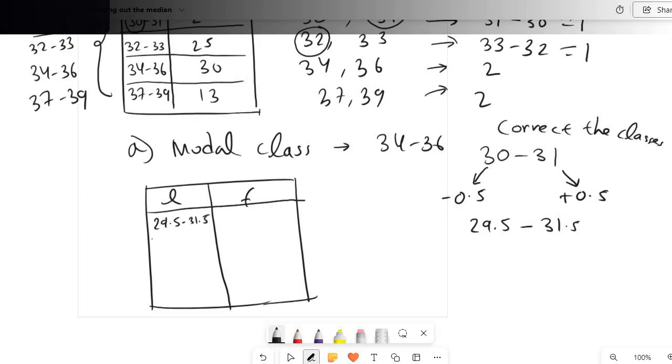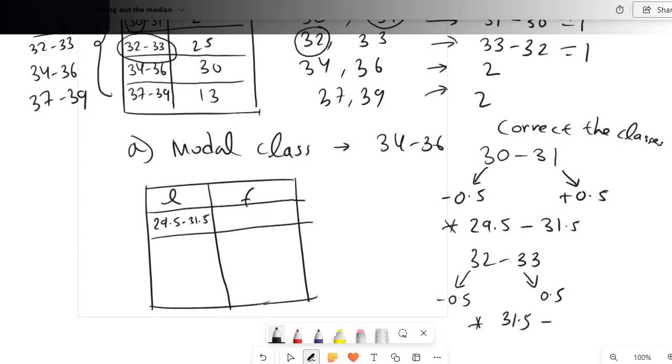For the next one, which is 32 to 33, we also apply the same procedure. So we subtract 0.5 from 32 and add 0.5 to 33, meaning the new class would be 31.5 to 33.5.